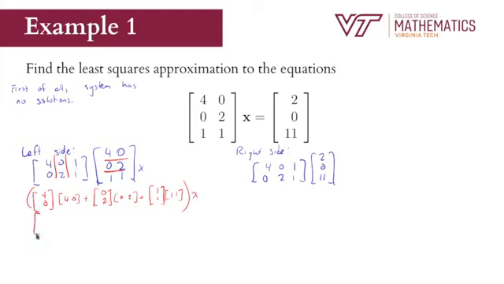So that's [16 0; 0 0] plus [0 0; 0 4] plus [1 1; 1 1]. And that adds up to [17 1; 1 5].